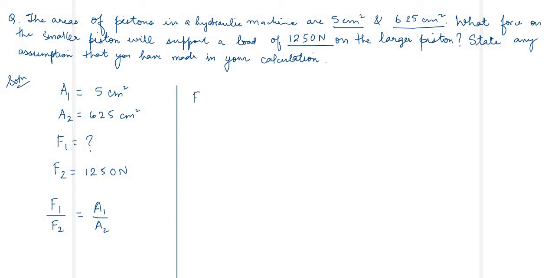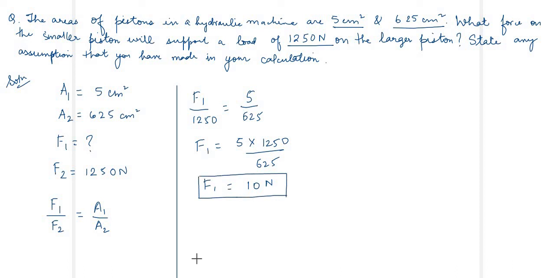तो F1 is unknown, F2 is 1250, A1 is 5 and A2 is 625. सेंटीमीटर स्क्वायर लिखकर काट सकते हो, कोई जरूरत नहीं है, ऐसे ही कट जाएगा। And when you solve this, F1 is basically 5 into 1250 upon 625, and upon solving this you will have 10 Newton. तो हमारा ये F1, which is the force on the smaller piston, it will come 10 Newton.